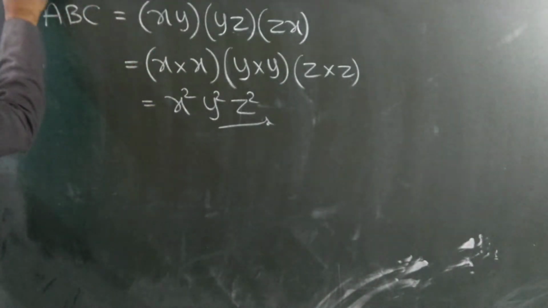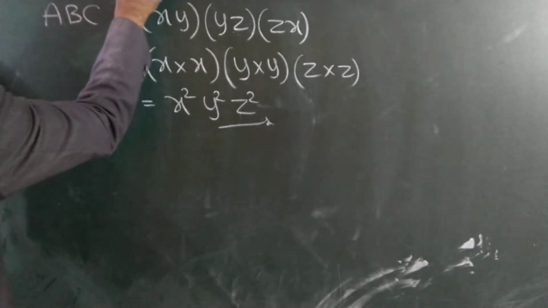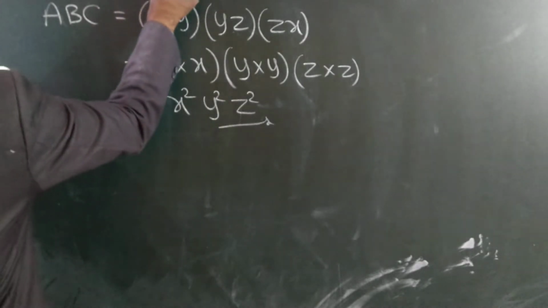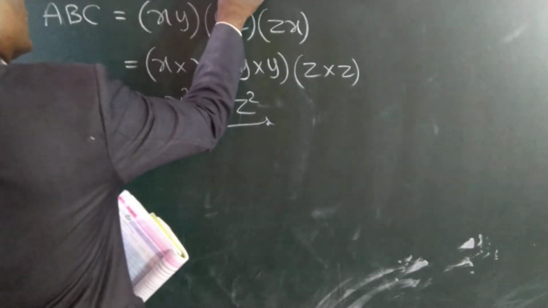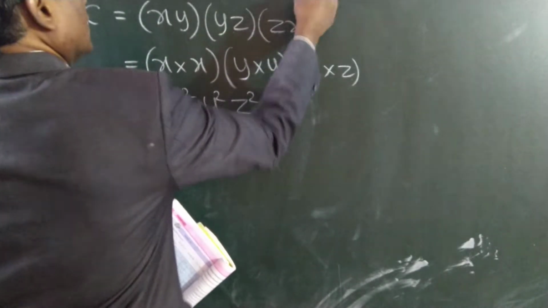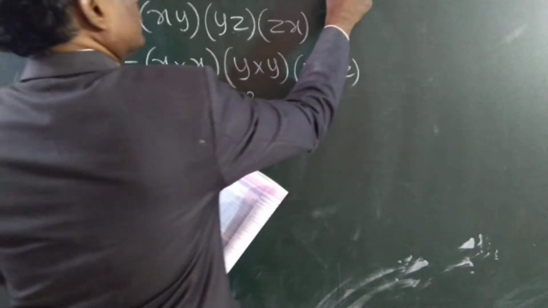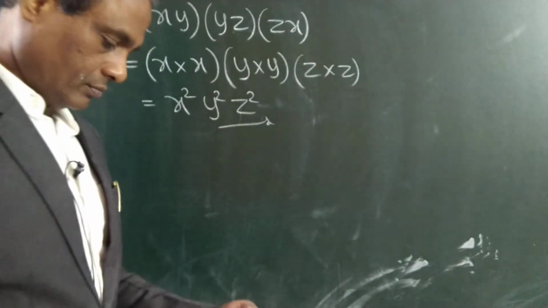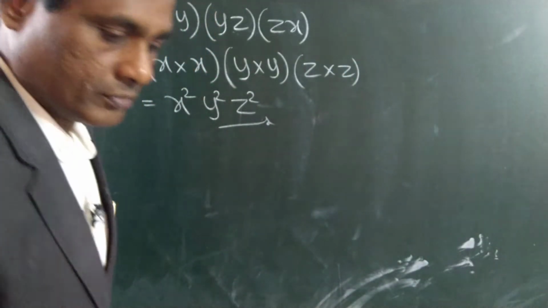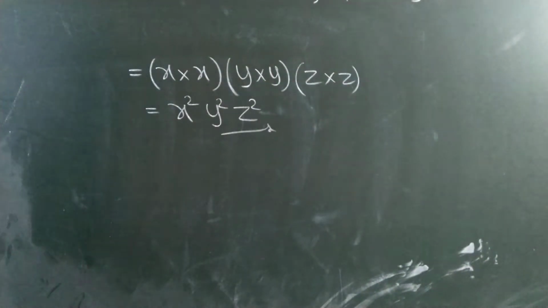Sixth. P is equal to 4x square, T is equal to 5x. Copy the problem from the textbook.